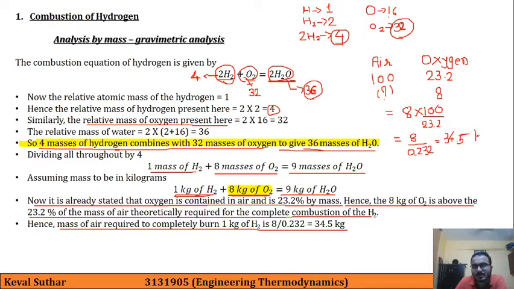So this is the amount of air which is necessary for complete combustion of 1 kg of hydrogen.